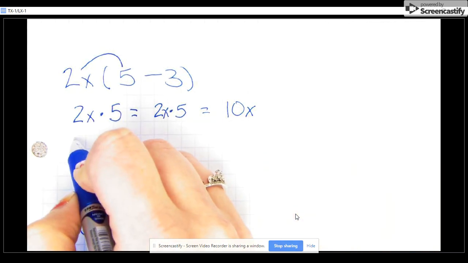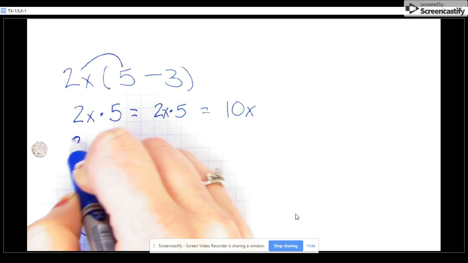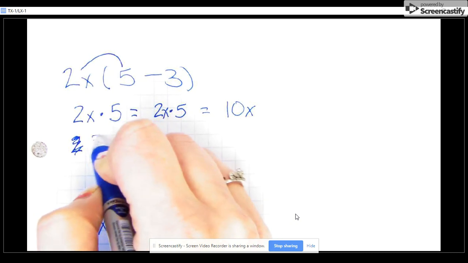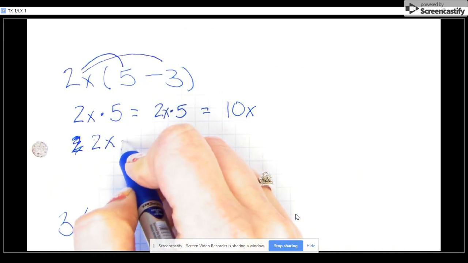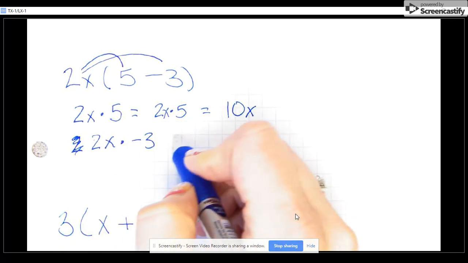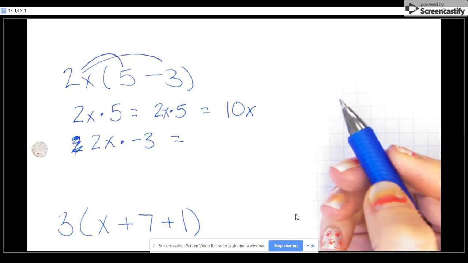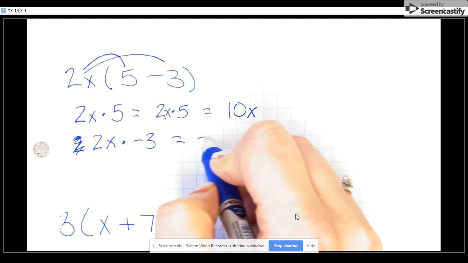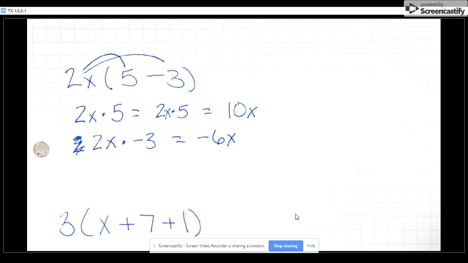I'm going to bring that x along for the ride. Next, I'm going to do 2x, oh, sorry, not 2x. x times negative 3. 2x times negative 3 is just like 2 times negative 3, which is going to be negative 6, and I have x to go along with it.